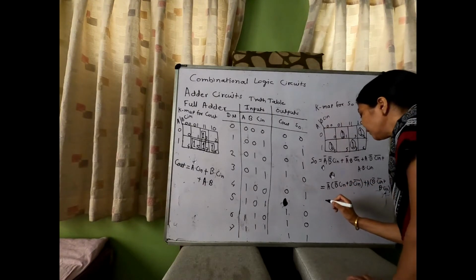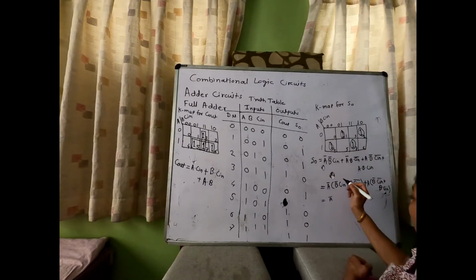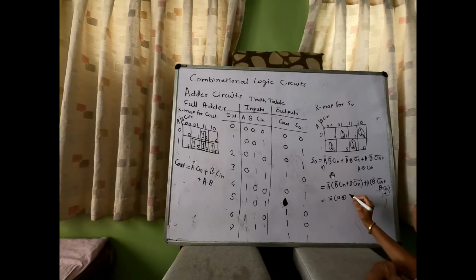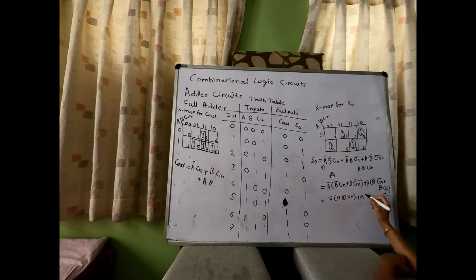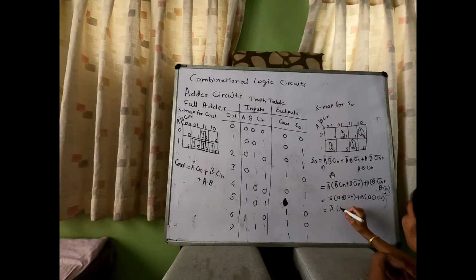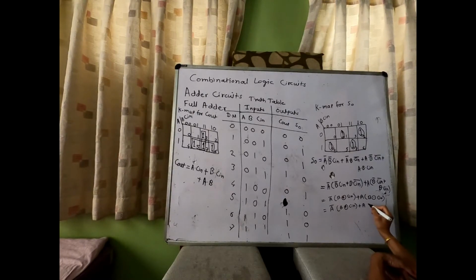So this will be written as A complement, and this is B XOR C in, or A, and this is B XOR C in complement.